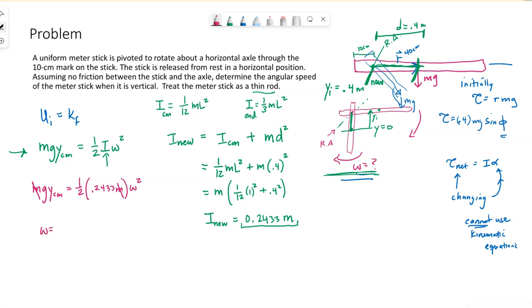So omega, I'm going to bring the 2 over, divide by that 0.2433.